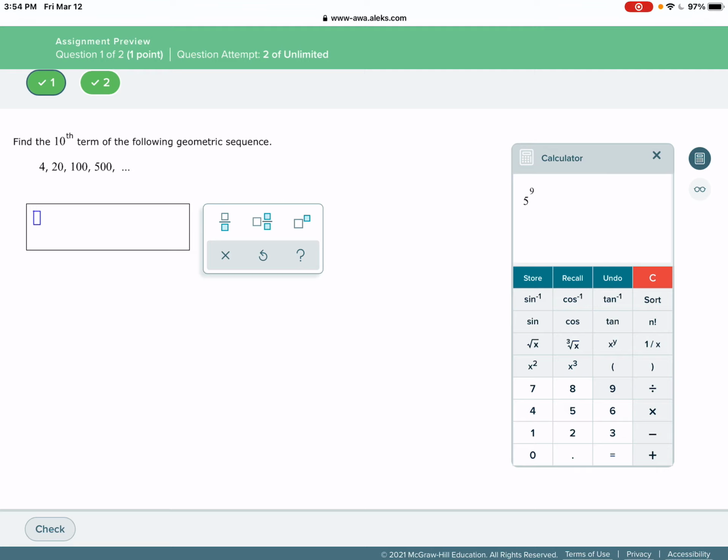To 9th power. Equals, there's an equal sign. Times 4. Okay, nice big number there. Actually, can I copy that? Yeah.